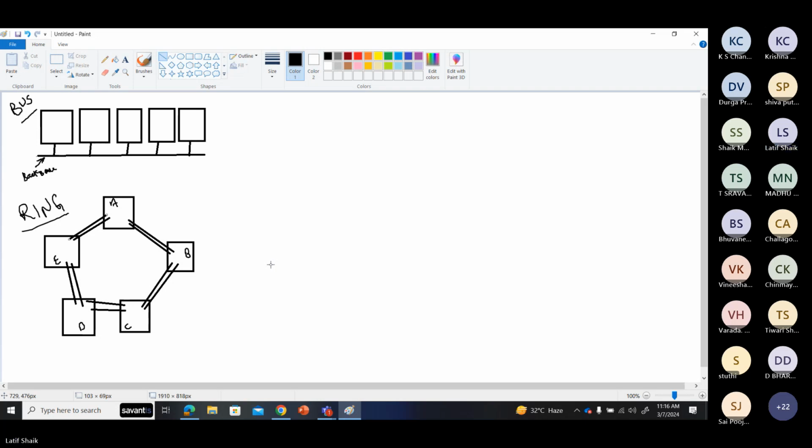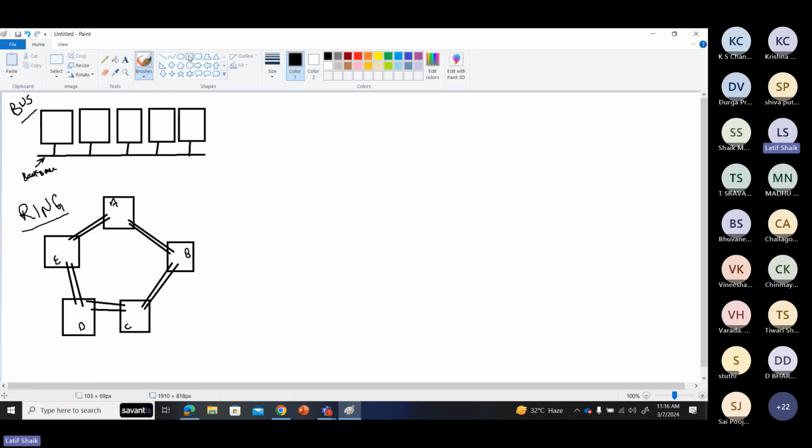So then, whichever is the nearest way to communicate, even if one of the lines is down or one of the devices is down, there is a possibility of communication with a double ring topology. This is called a double ring topology. Of course, there are still some issues.